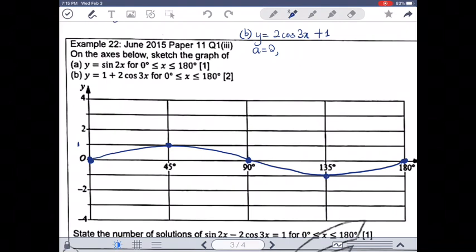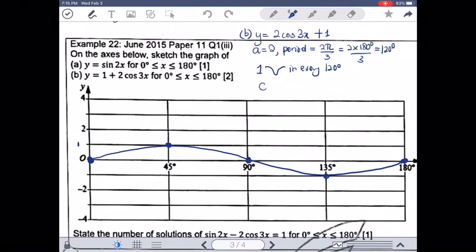So A equals 2, period equals 2 pi over 3, or 2 times 180 degrees over 3, which should get 120 degrees, which means that there is one cycle in every 120 degrees. And we have C equals 1, shift 1 unit up.